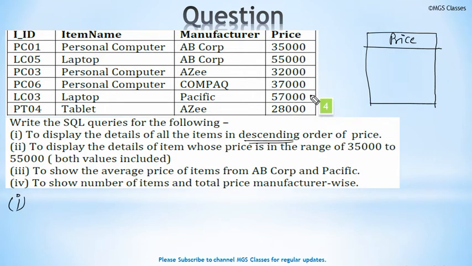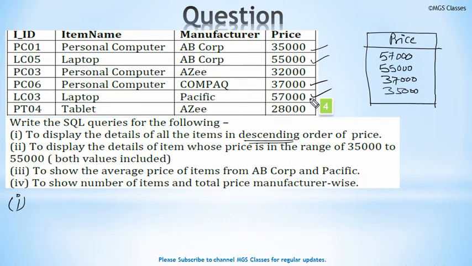So the highest price item is 57,000 in this table, and then the second highest is 55,000, so it will come in the second position. Third highest is 37,000, so it will come in the third position. Fourth highest is 35,000, so it will come in the fourth position.